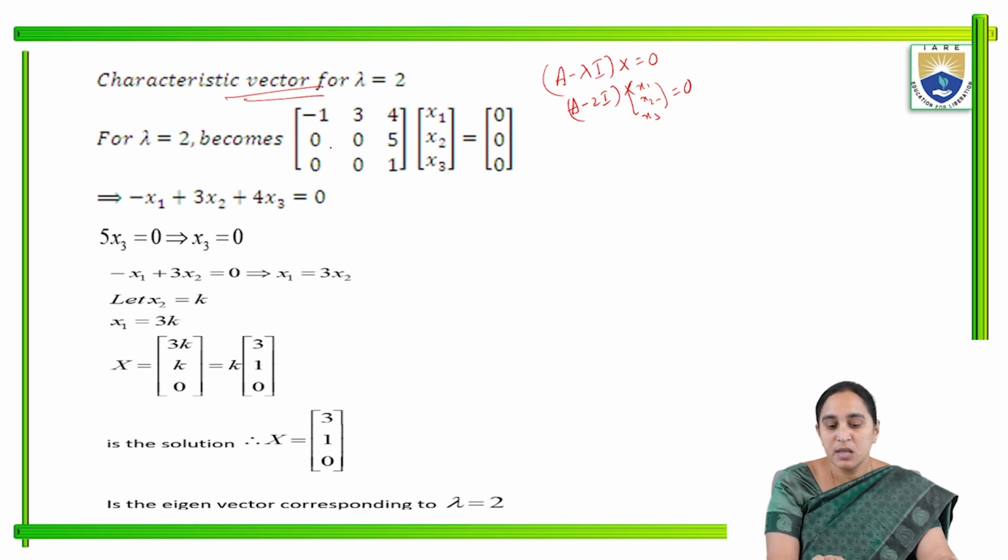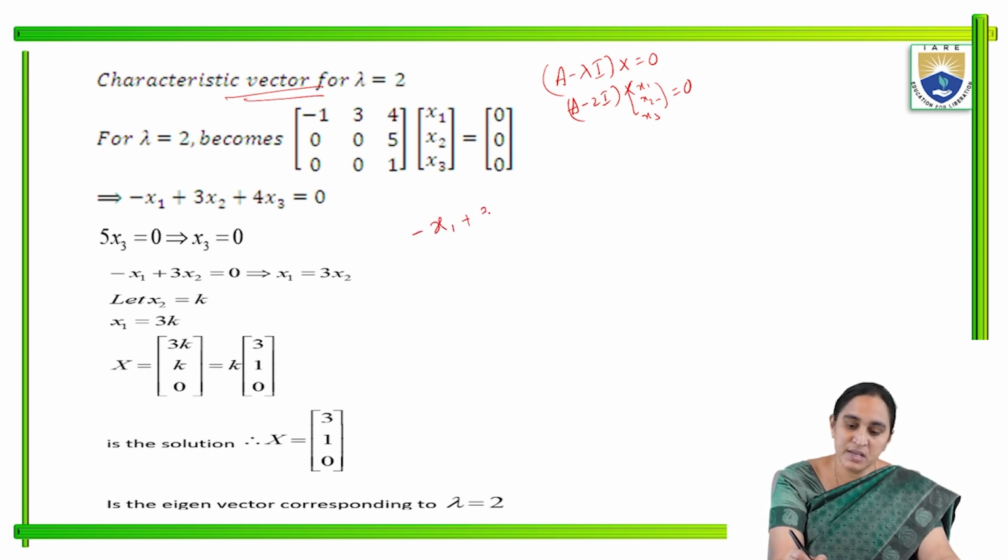Again, observe here, some values are 0, so write it in equation form. The first one is minus x1 plus 3x2 plus 4x3 is equal to 0. And what about the second equation? 0 into x1 plus 0 into x2 plus 5 into x3 is equal to 0.